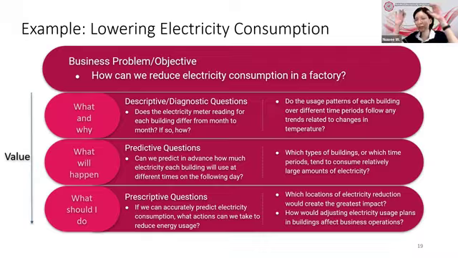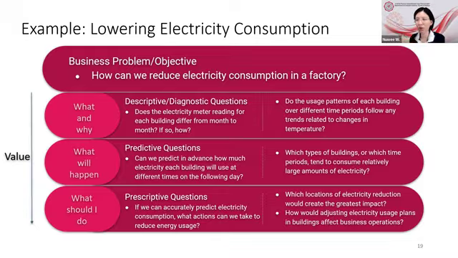The big business problem is how do we reduce electricity consumption in the factory or at the school? Okay, if we come up with some descriptive or diagnostic questions, we may ask, okay, so does the electricity meter reading for each building differ from month to month?